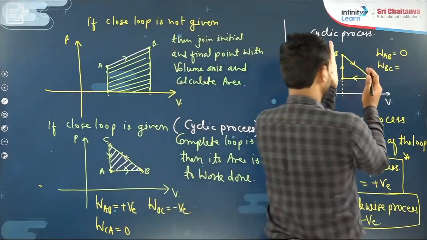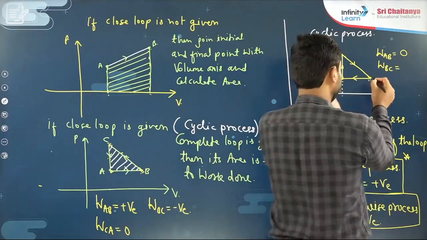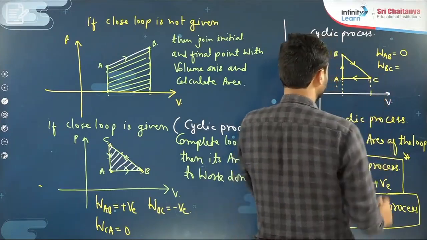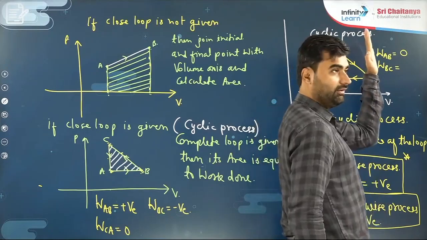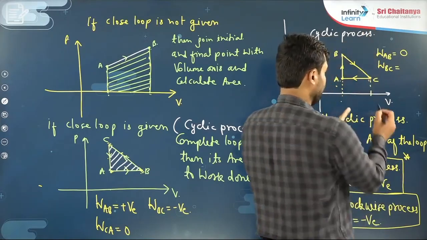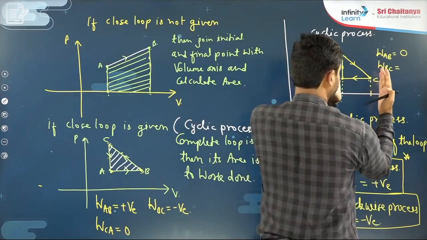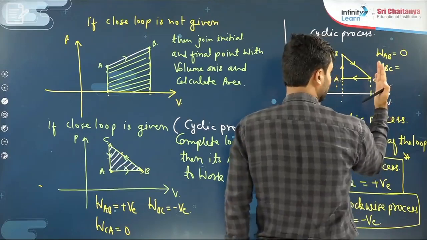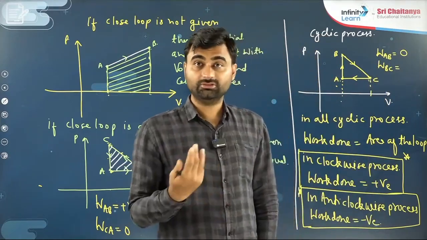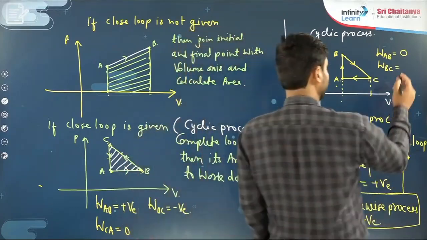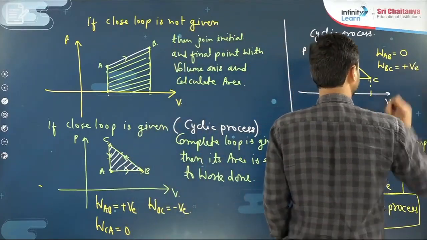This is the B point and this is the C point. This is the initial volume, and at the final point C this is the final volume. Which is more? Final is more, means volume increases. If volume increases, then work done is positive. So here it is positive.